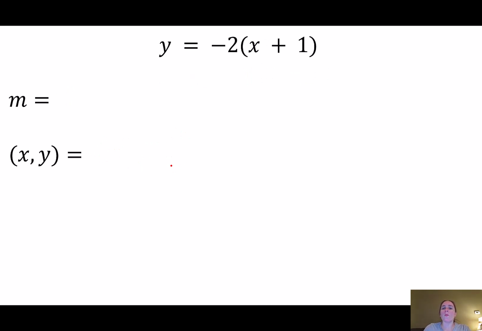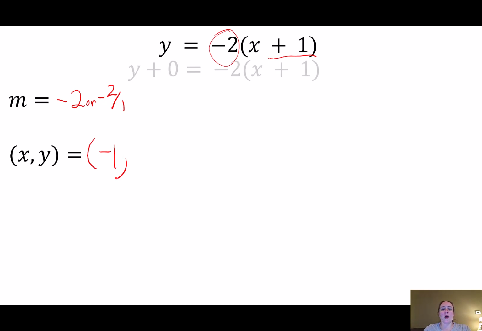Okay, we're going to look at one more of these. So I've got y equals negative 2 times x plus 1. So for picking out the slope, we can already pick that out. It's the number in front of the parentheses, negative 2. Or negative 2 over 1, right? But now I need my point. Okay, so we look here right after the x, we've got plus, so that's a negative 1 on the x.